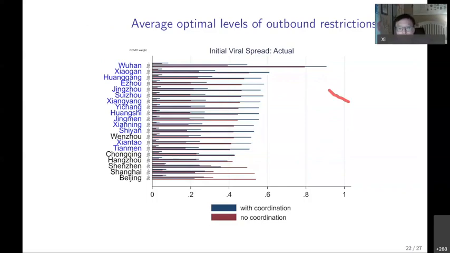So if all the cities can coordinate with each other, compared to without coordination, you will see that in each parameter, the restrictions with coordination are smaller than without coordination. That's a very interesting result. That means when all the cities act together, there will be a spillover effect. So the cities may not need to act as stringently as they did independently.